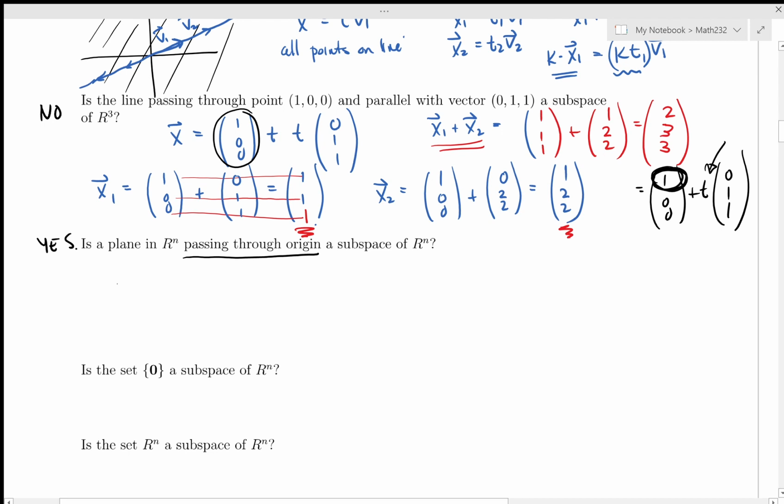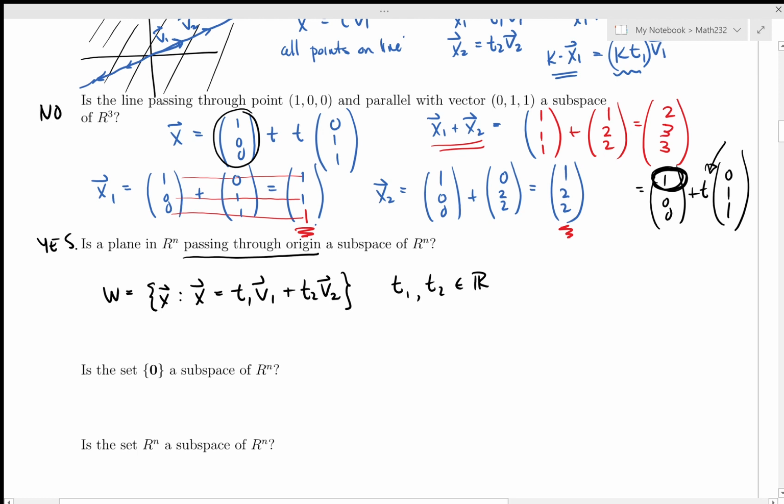It looks like this. W is the set of all vectors x such that x is equal to, since it's going through the origin, we don't have a constant term, t1 v1 plus t2 v2, where t1 and t2 are real numbers.